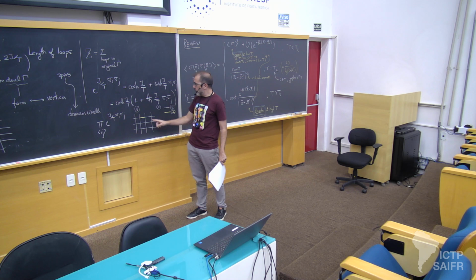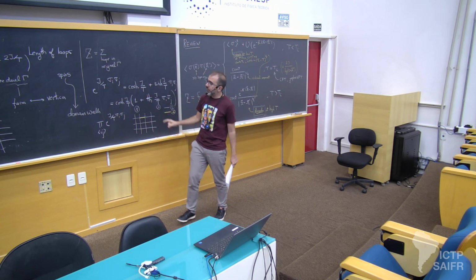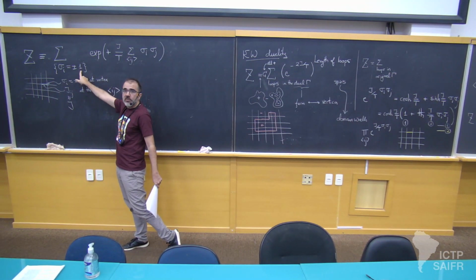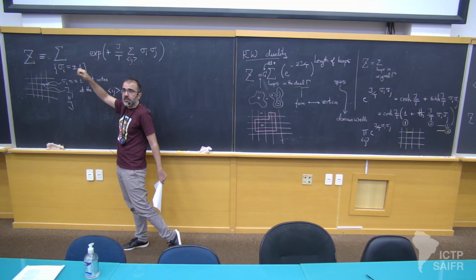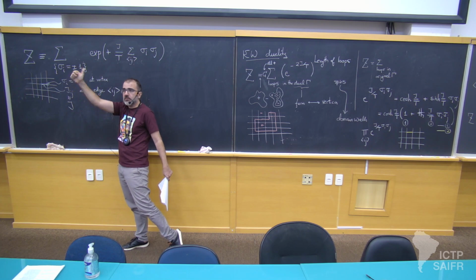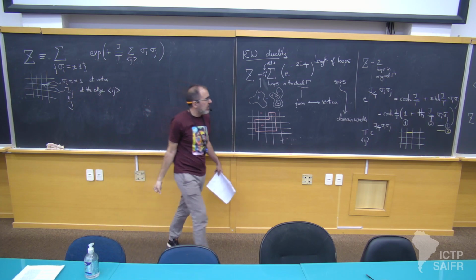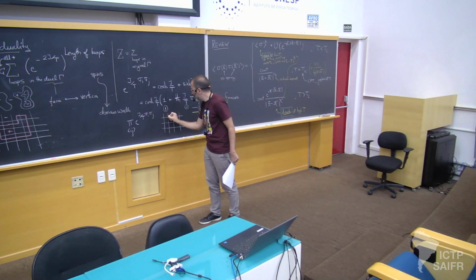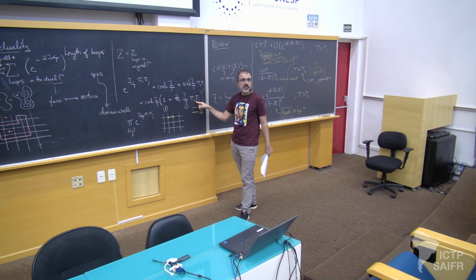Now, suppose I took white for everyone and 2 for this link. And then I do the sum over spins. But the sum over spins of sigma is 0, because sigma and minus sigma gives 0, because I have 1 and minus 1. So this configuration, when I bring down, I have sigma at this cusp and sigma at this cusp here. I get 0 when I sum over.